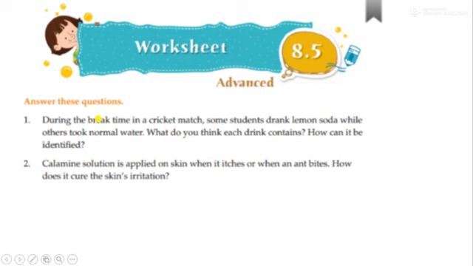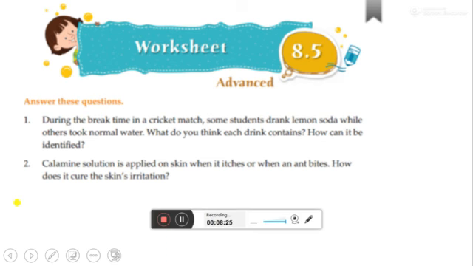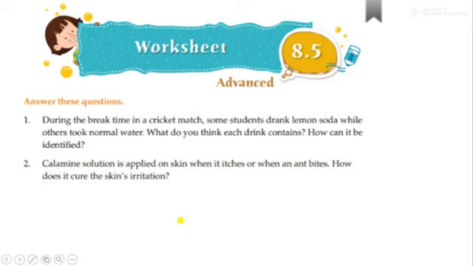Because उसमें lemon है, lemon is citric acid. Lemon soda is basically acidic in nature, so it will turn blue litmus into red, and the pH of lemon soda is less than 7, and the pH of normal water is 7, right?